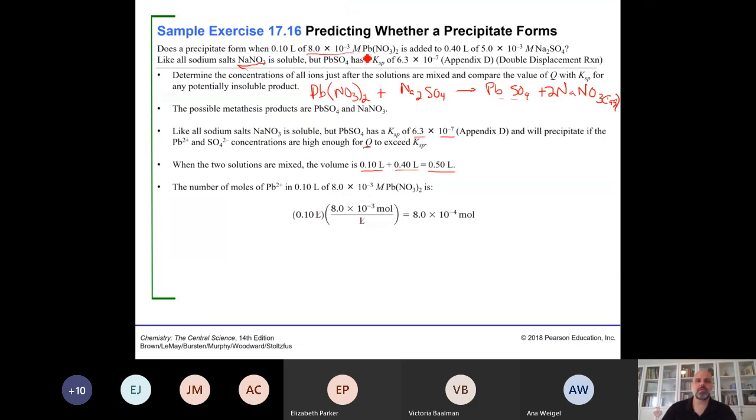Because nitrate is completely soluble, we form a completely aqueous solution of lead nitrate, so the quantity of lead in solution equals the quantity of lead nitrate. Because this was a 0.1 liter solution, we have 8.0 times 10 to the minus 4 moles of lead ions in solution.